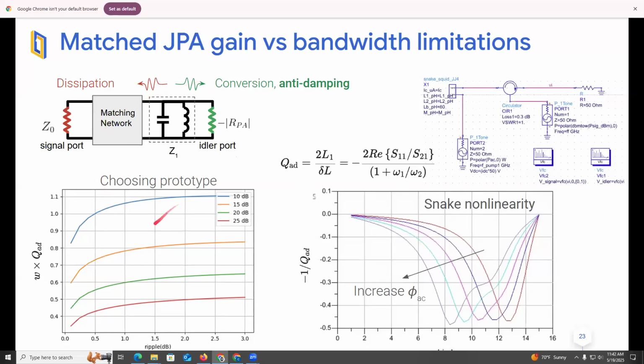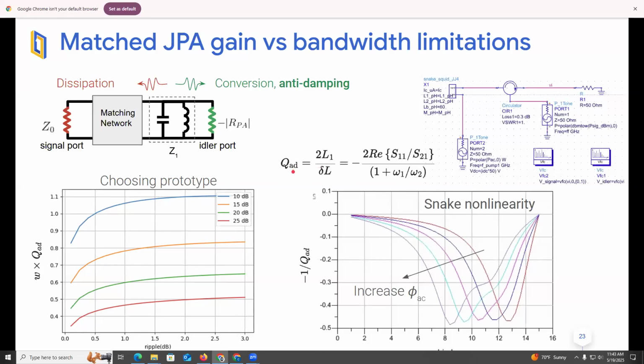So you work through the circuit design, and you can plot a curve of the fractional bandwidth product with the anti-damping dissipation, or anti-damping Q factor, for different gains. You can do that for different matching network designs with different gains and different ripples.